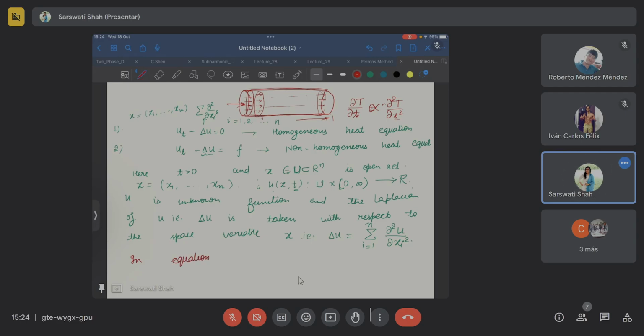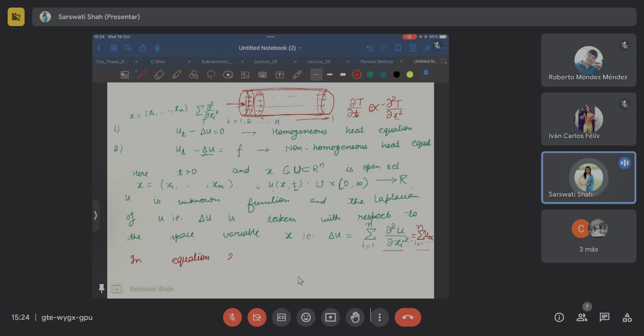In equation, in the notes I have written it like this: summation i varying from 1 to n u x_i x_i y. So this is written in the subscript form. Whether you write like this or like this, both are equivalent.